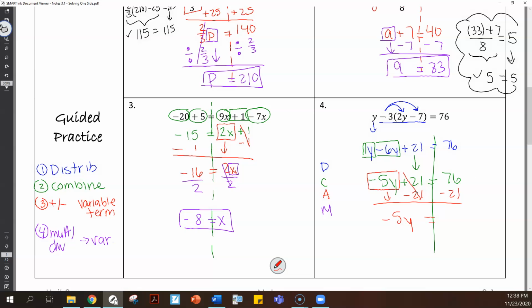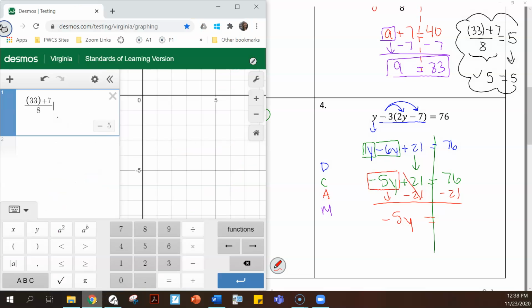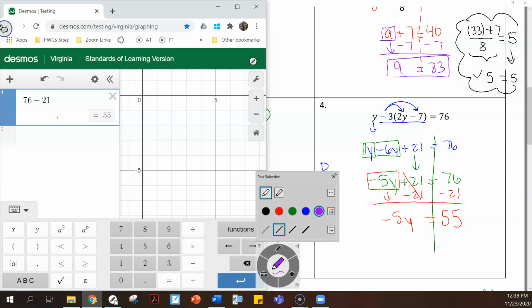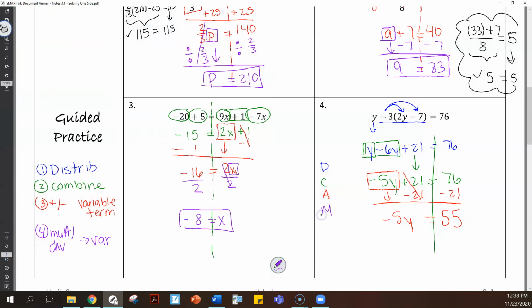76 minus 21, I'm going to do it in Desmos. So 76 minus 21 gives me 55. Finally, my last step is to multiply or divide so that my variable is by itself. My variable here is y.